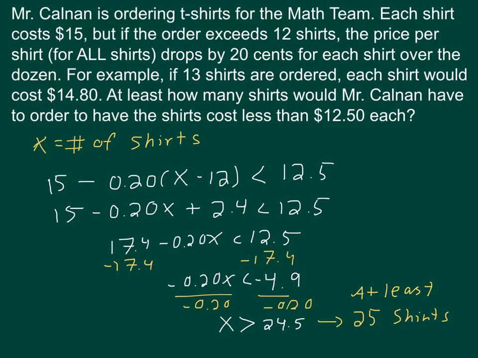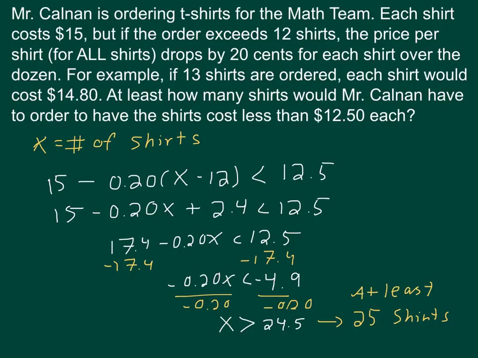For example, if I ordered one shirt here, 1 minus 12 would be negative 11, which would mean that when I multiply by the negative 0.20, it would in effect raise the price by 20 cents 11 times. But the shirts cost $15 each, so I wouldn't actually be adding that on. So this inequality really only works once x gets to 12.